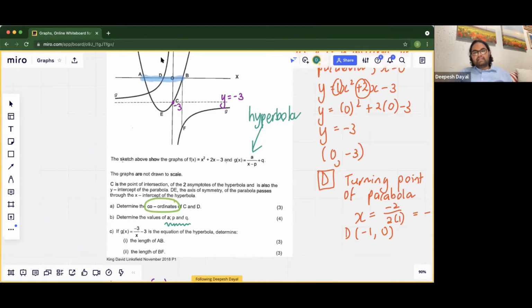What is that distance? It is between the two x-intercepts of the parabola. Did I say hyperbola earlier? I think I might have. So let me know, what is the length of AB? Who's going to give me the answer first?